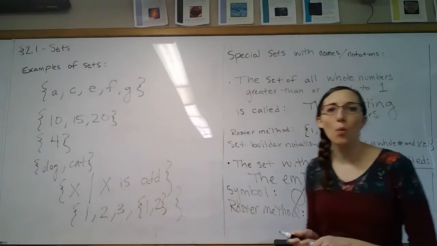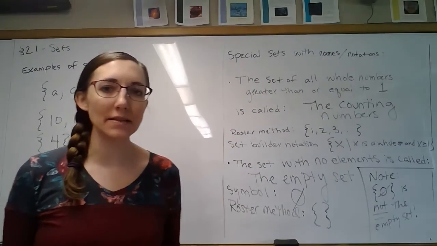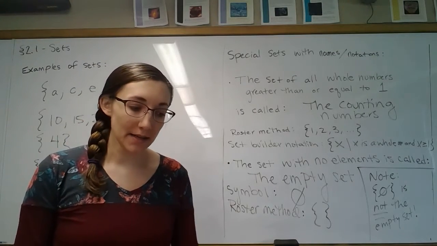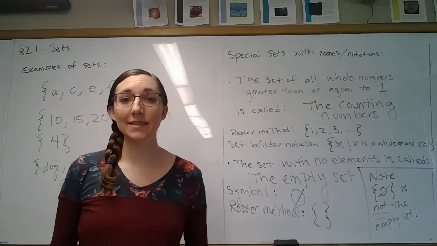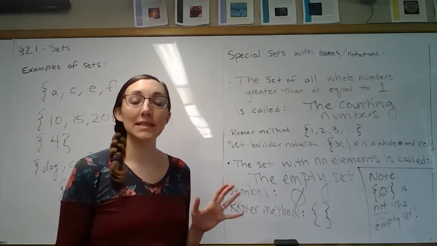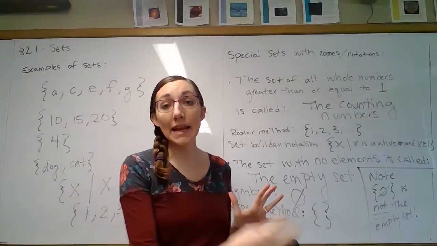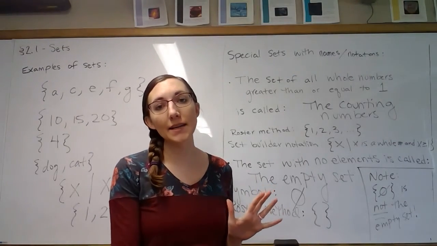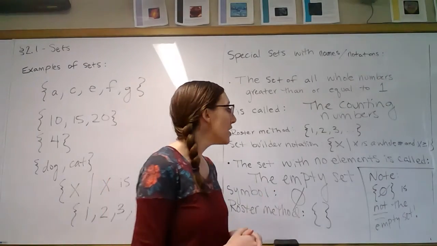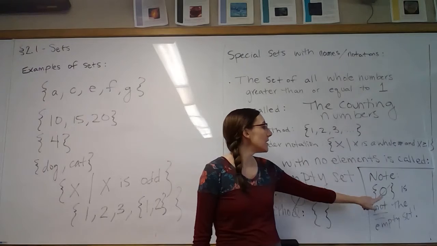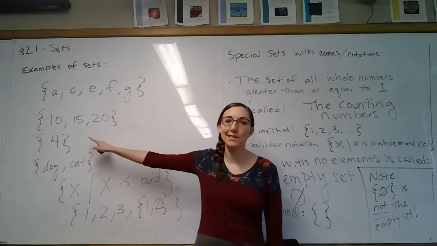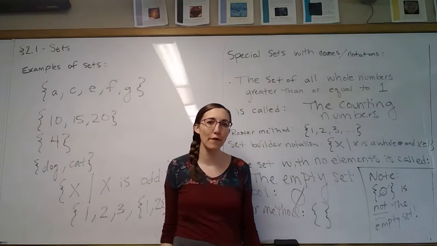Now we might think about, why is that the case? Well, if we literally read what that is, because we know how to read sets now, the curly braces indicate to me, well, this is a set, and then anything listed inside is an element of that set. It's something that's contained in the set. So notice there is something inside, right? Just like this one, this is the set that only contains the number 4.